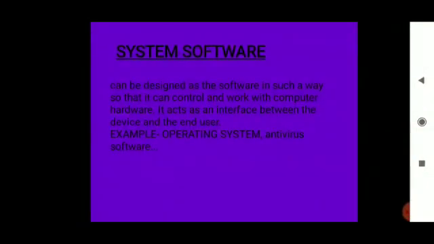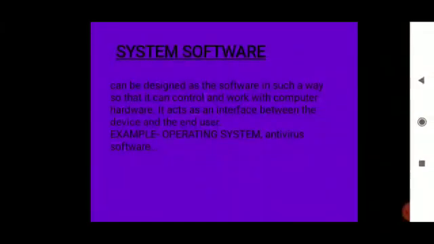Now, how is system software used to control and work with the computer's hardware? It controls all the parts of the computer system, and if the system software is not there, we cannot do any work on the computer.